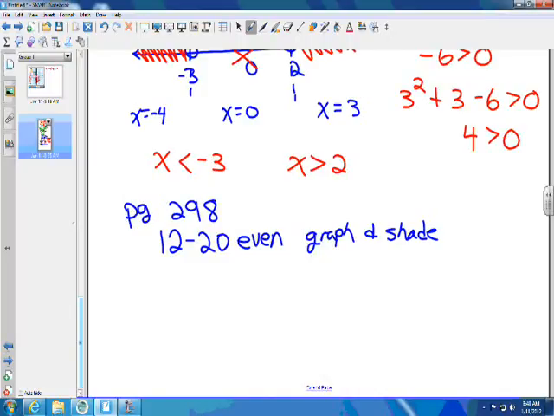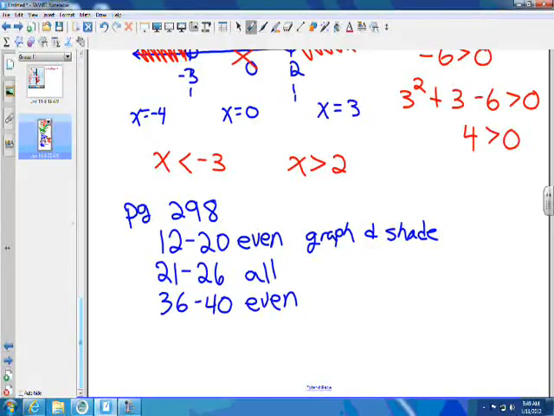And 21 through 26. We'll do all of those. Those are the ones like we just did. And then 36 through 40 even. These two bottom sections are the ones where you're finding where it's above or below. This top section, 12 through 20 even, that's graph and shade.